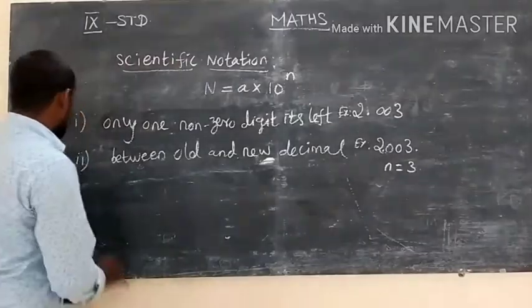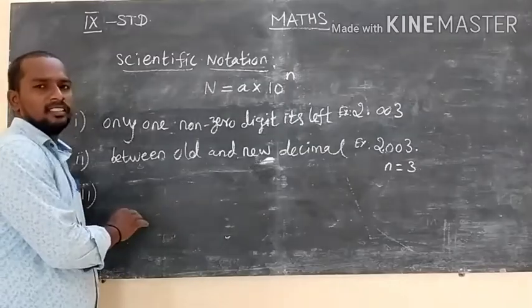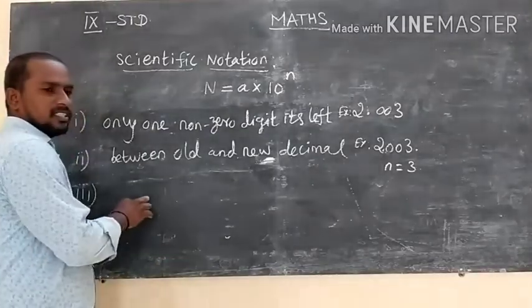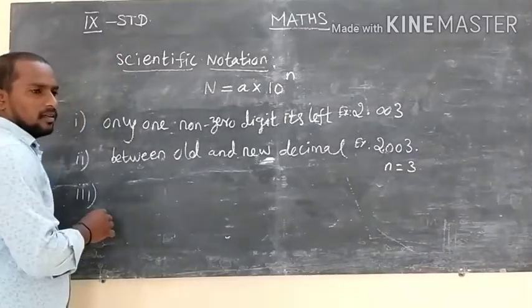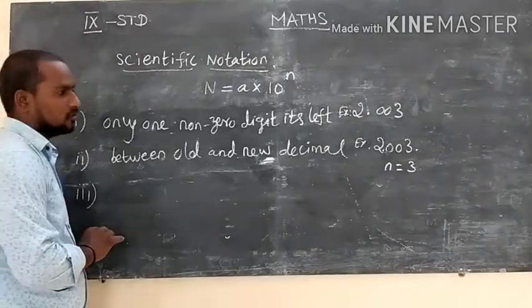Then the third condition: if the decimal is shifted to the left, the exponent is positive, and if the decimal is shifted to the right, the exponent is negative.